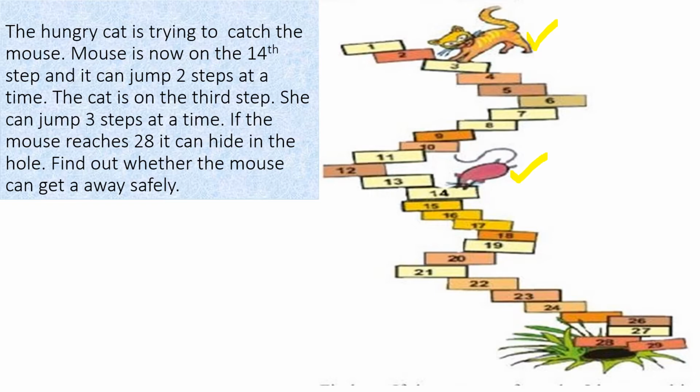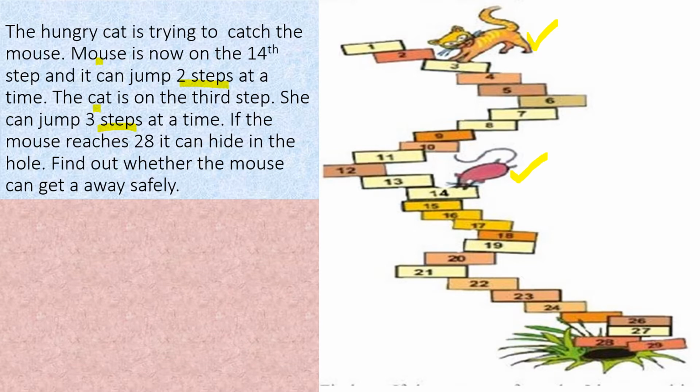So let's see now whether the mouse will get away or the cat catches the mouse. You know well now the cat can jump 3 steps at a time and the mouse can jump 2 steps at a time. Let's see what the questions from this picture are.